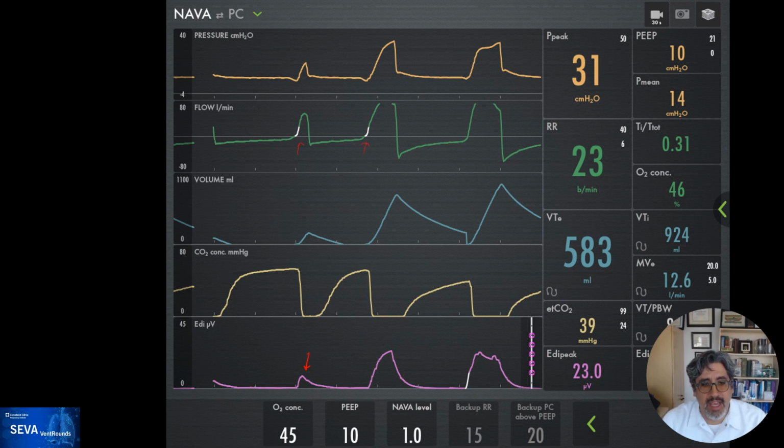And if the EDI reaches threshold first, then it will trigger by the EDI, as you see down here. So you have two breaths that are triggered by flow, and one breath that is triggered by the EDI.